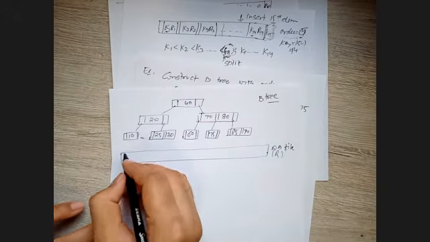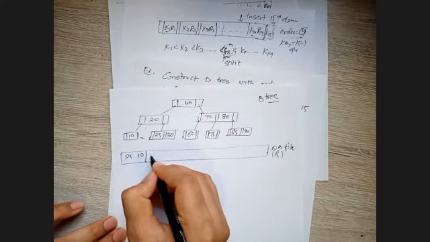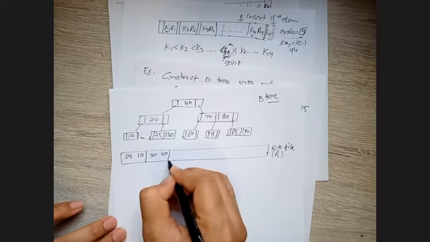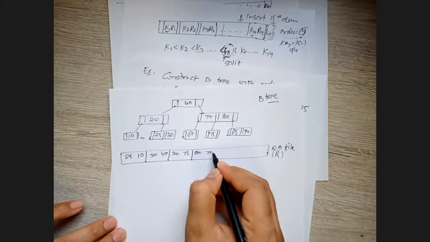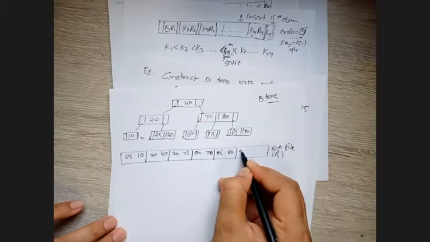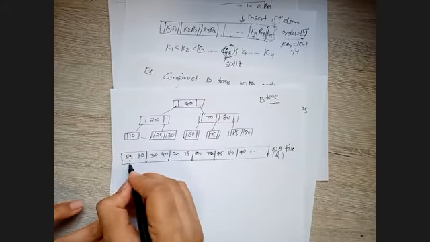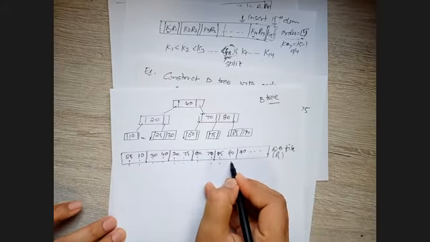So in this one we have, let's say, 25, then 10, we have 30, 14 the sequence, 20, 75, 60, 70, 85, 80, 90, and so on. After this we have the rest of the values in the attribute. These are all the attribute values, these are key values, right?